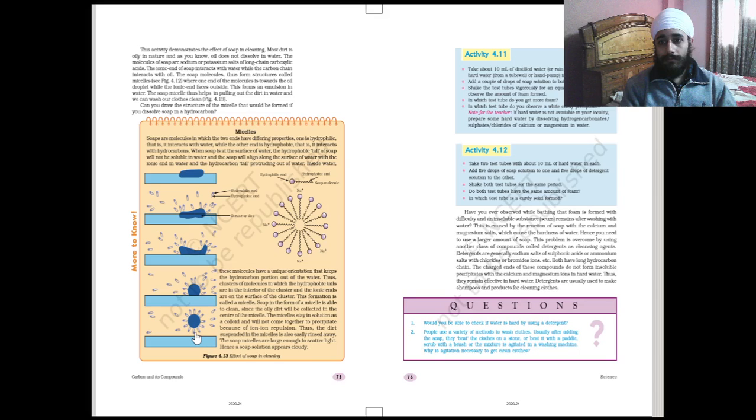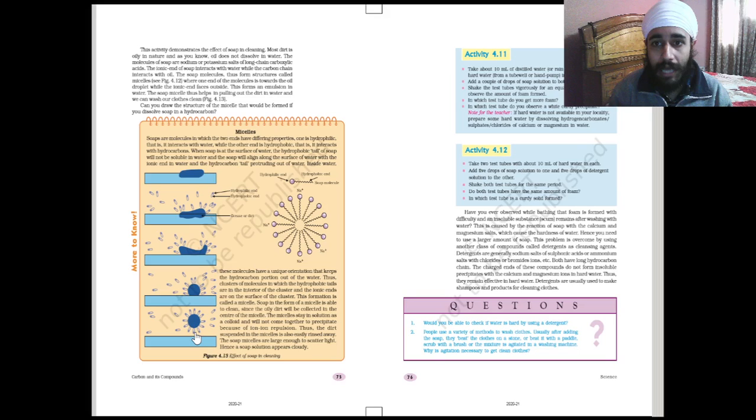In the first activity, 4.11, we concluded that if we take two different types of water, distilled water and tube well water, which is hard water, the soap solution works only on the distilled water and makes foam, but in the hard water it gives a curdy precipitate.